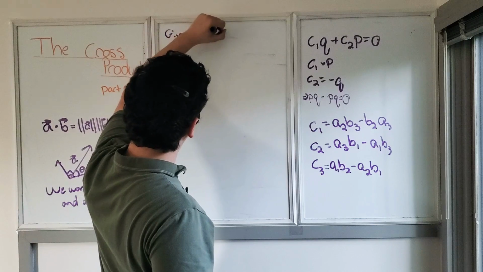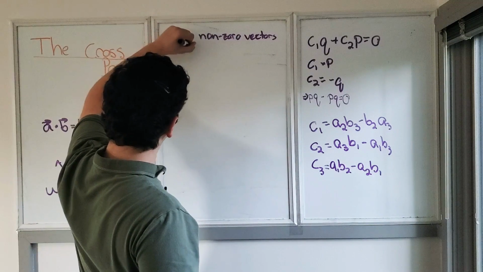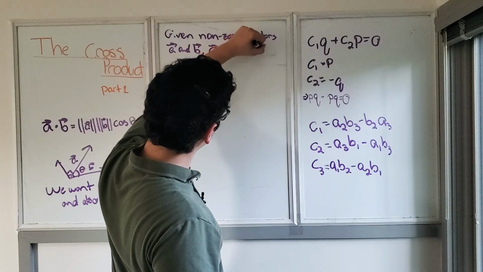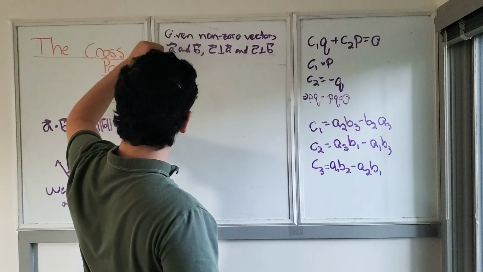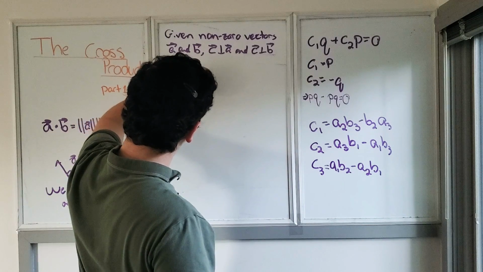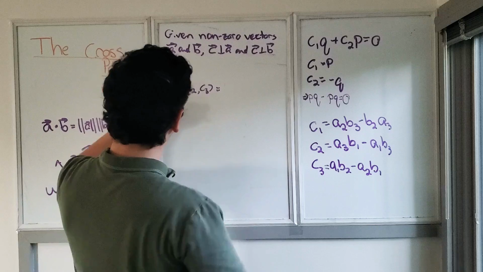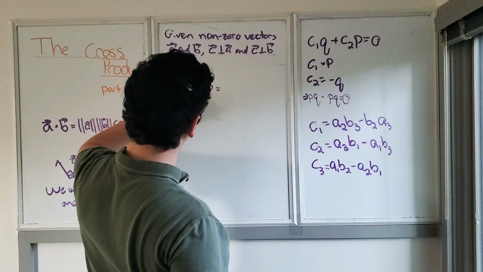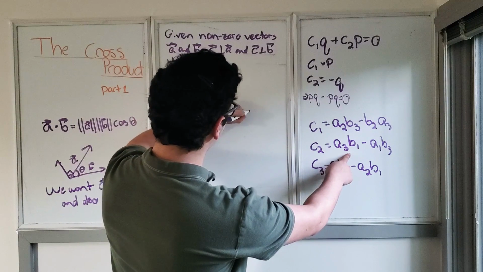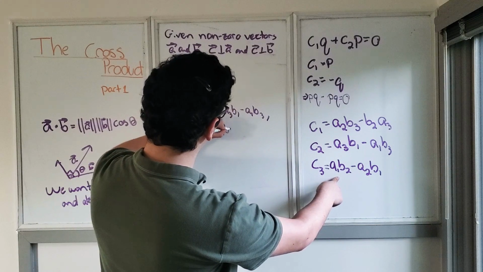Given non-zero vectors A and B, C is perpendicular to vector A and perpendicular to B when C1, C2, C3 is equal to A2 B3 minus B2 A3, comma, A3 B1 minus A1 B3, comma, A1 B2 minus A2 B1.